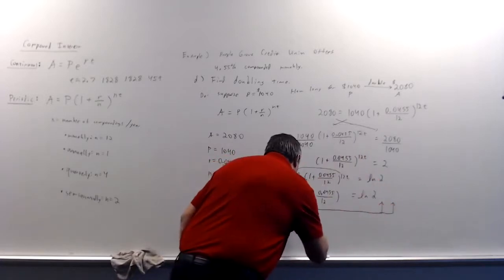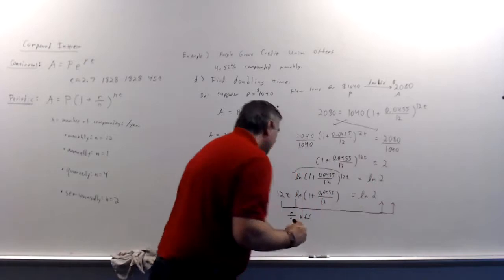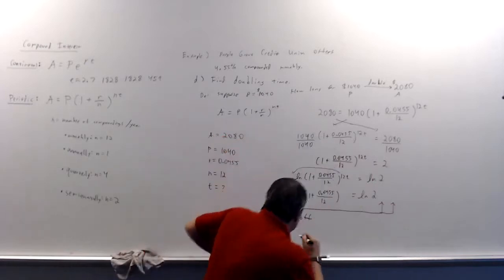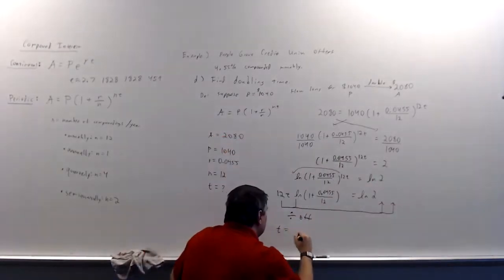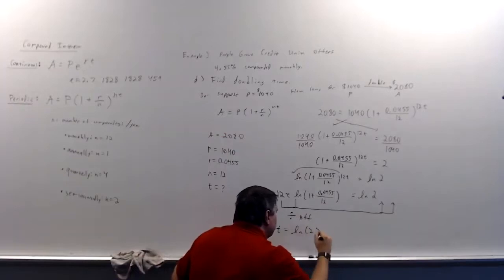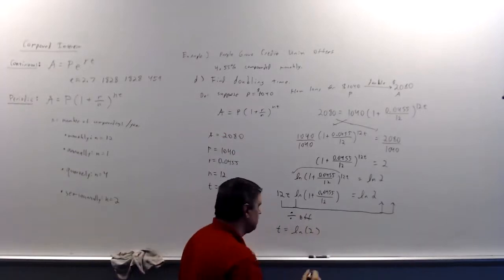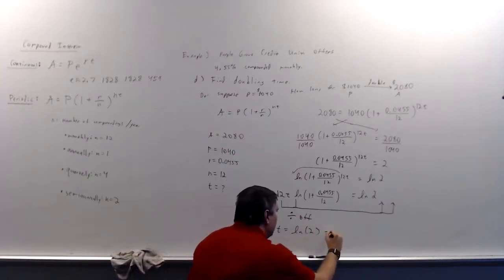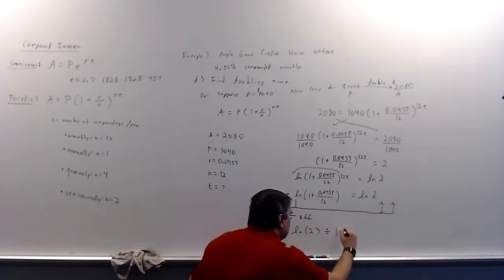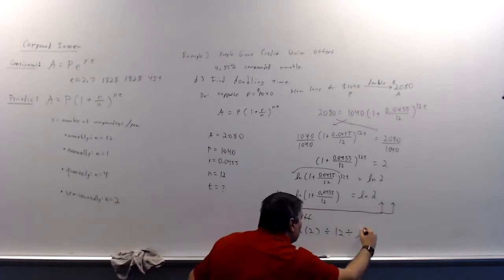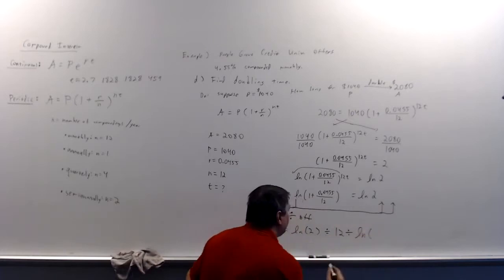Divide off. So the t equals natural log of 2, to be on the safe side, I will put it in parentheses, divided by 12, divided by the natural log of a bunch of stuff.